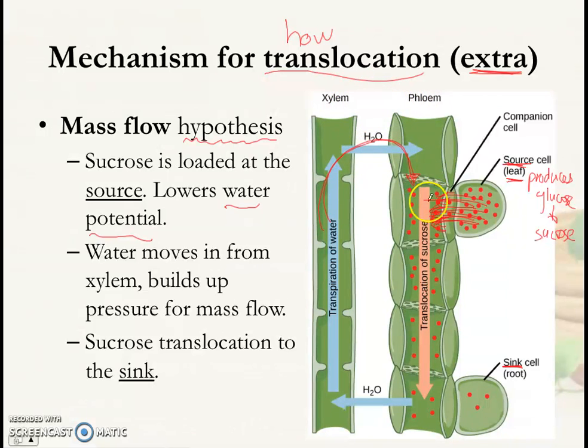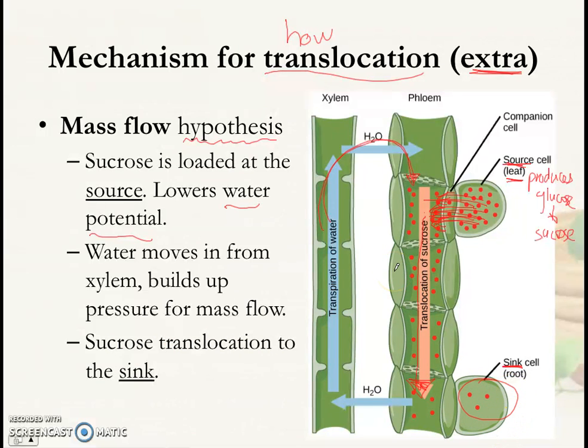Water moves in and builds up pressure here. It is that pressure that causes a flow of water together with sucrose down to the sink, which is usually in the roots. So there is mass flow, and sucrose is translocated down to the sink.